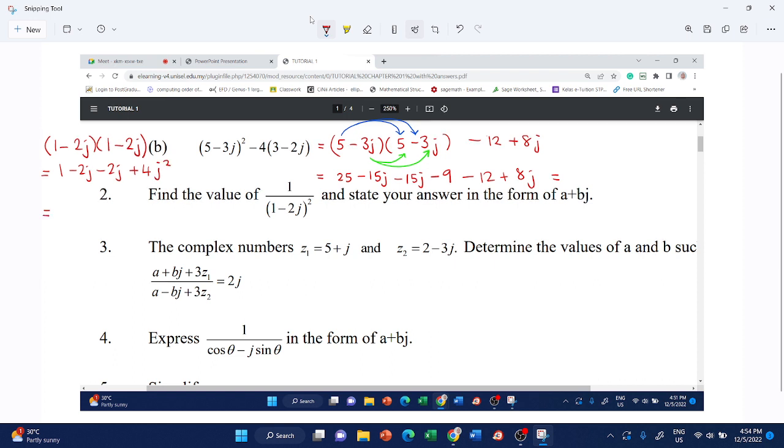J squared is negative 1, so plus 4j squared will be minus 4. So 1 minus 4 is negative 3, and we have negative 3 minus 4j. That means your fraction will be equal to 1 over negative 3 minus 4j.